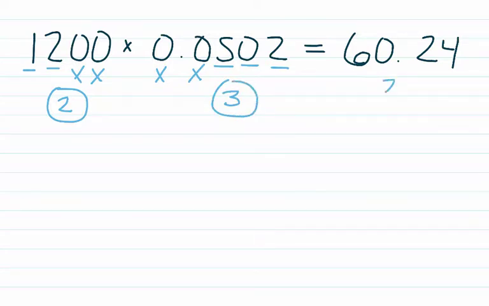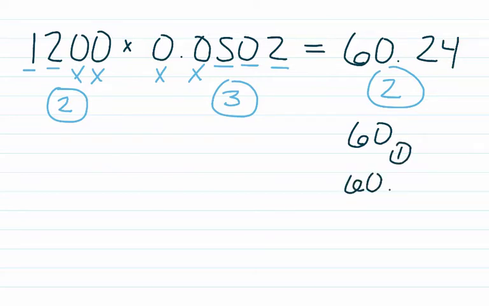That means our answer needs to be rounded to 2 significant figures, since the factor with the smallest number of significant figures had 2. But we can't just write 60, because 60 has only 1 significant figure. We can't write 60.2 because that has 3 significant figures.